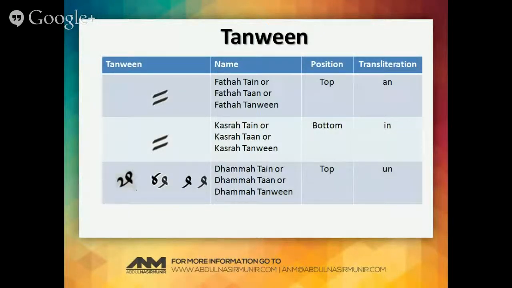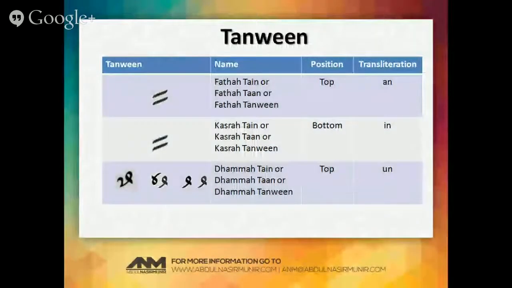Now here's a table which shows you clearly what the symbols are, what they're called, where the position of those symbols is, and what sound they're going to generate. As these are Arabic words on the screen, we're going to go from left to right.